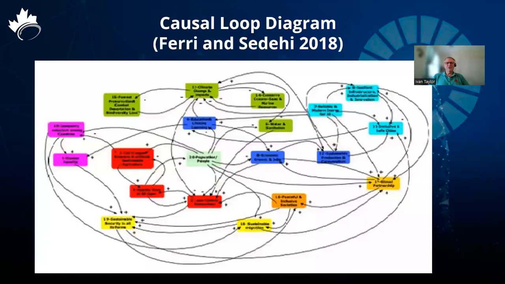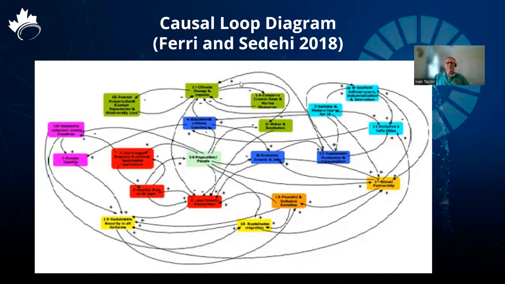This is the causal loop diagram developed by Ferry and Sedia. It's hard to read, but basically you can see the different goals, and you can see that they're connected together with polarities.